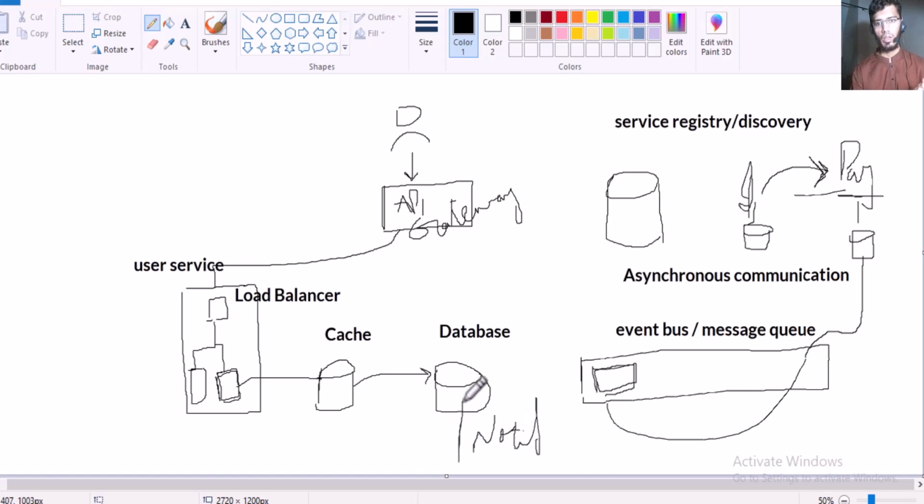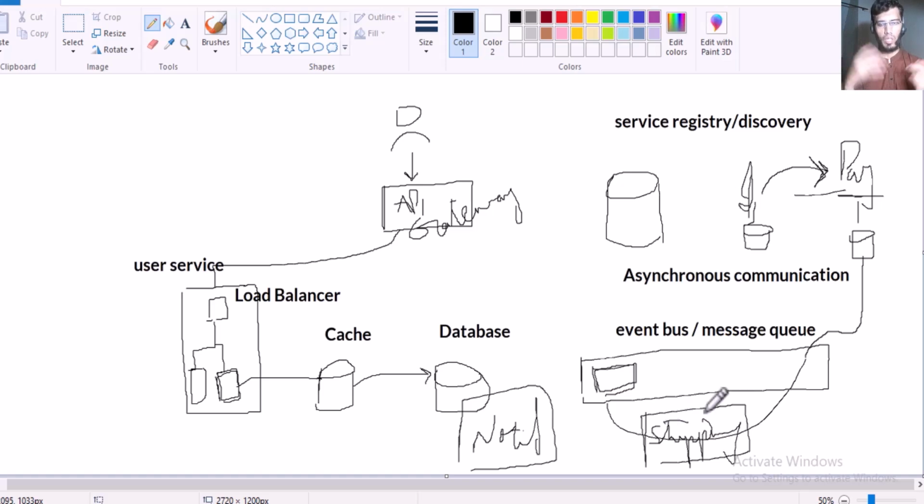So our notification service and shipping service are subscribed to this event.